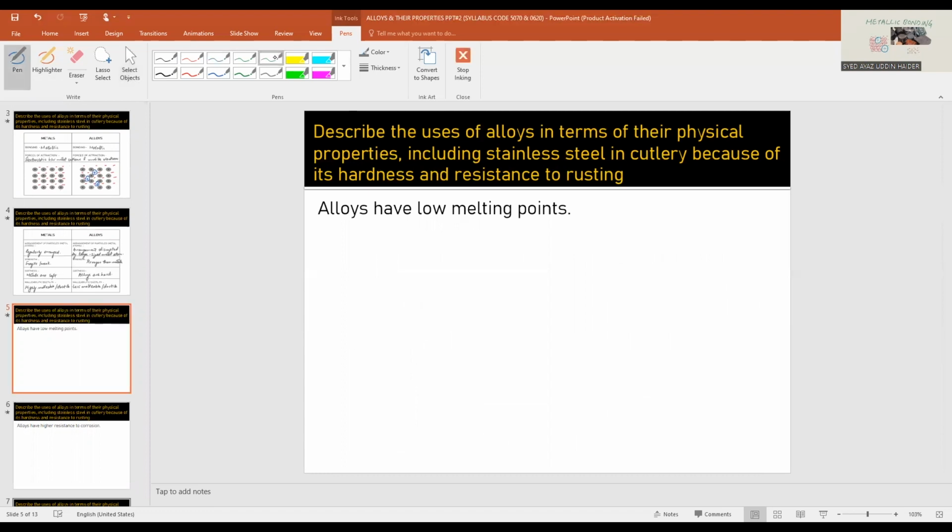Alloying is used to lower the melting points of pure metals.